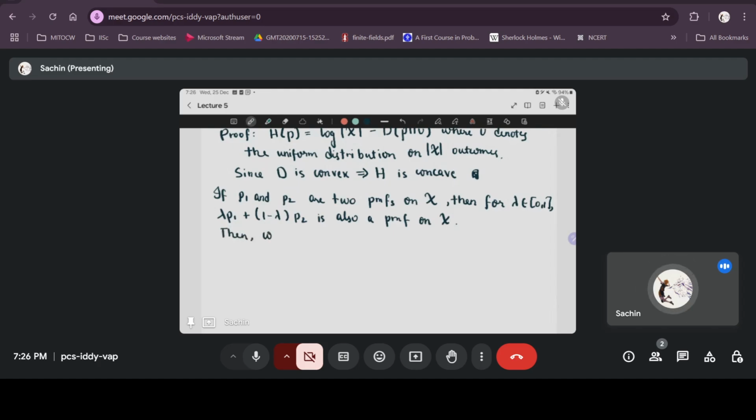Then concavity means the entropy of the distribution lambda P1 plus 1 minus lambda P2 is greater than or equal to lambda times the entropy of the distribution P1 plus 1 minus lambda times the entropy of the distribution P2.